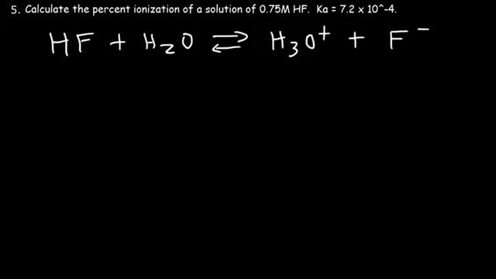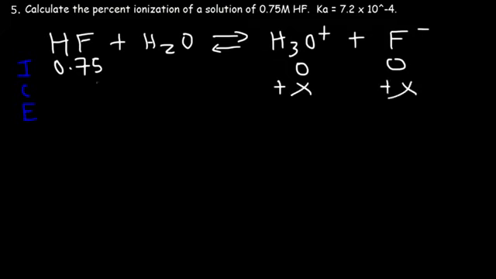So now let's make an ice table. The initial amount of hydrofluoric acid is 0.75, and initially we don't have any hydronium ions or fluoride ions. So therefore the reaction has no choice but to shift to the right, increasing the products by X, decreasing the reactants by X. So if we add the first two rows, this is what we're going to get.